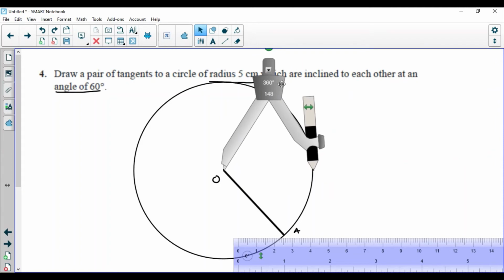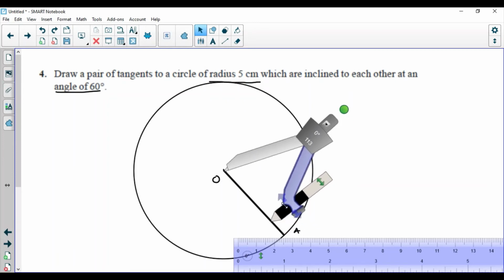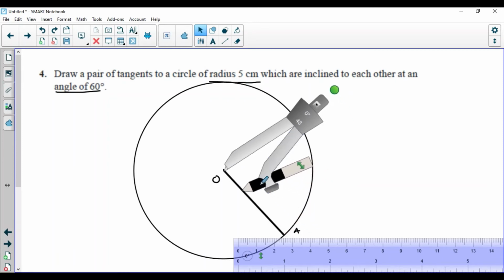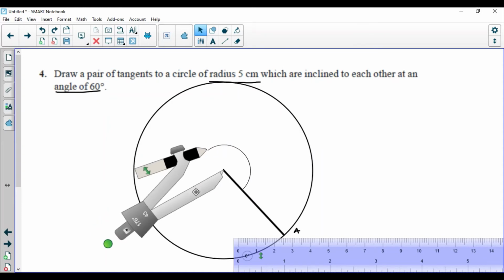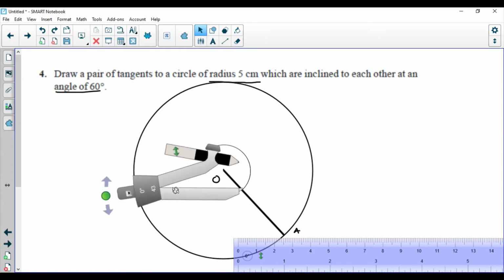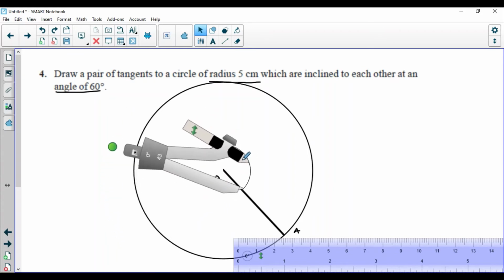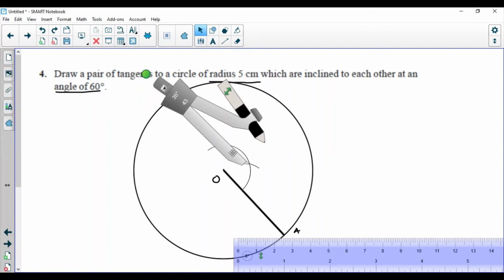we have to take any radius we can take. Okay, make one semi arc, then this angle will be 60. Keep the radius same, don't change the radius.